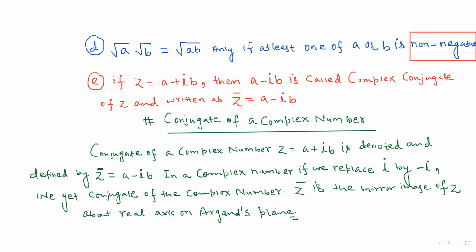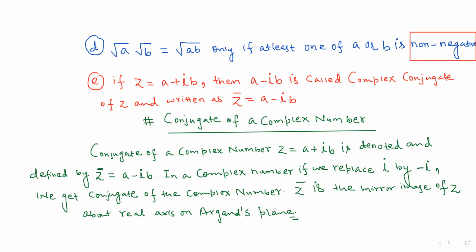Early in the 19th century, Carl Friedrich Gauss and William Rowan Hamilton independently and almost simultaneously proposed the idea of defining a complex number as an ordered pair of real numbers.